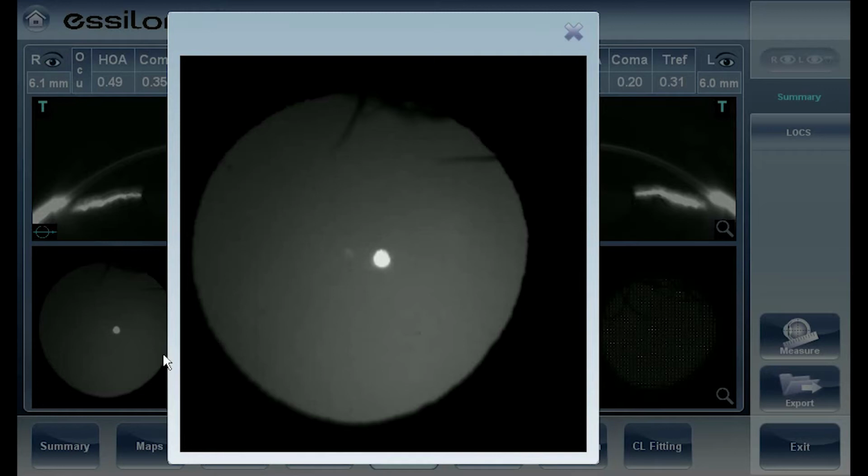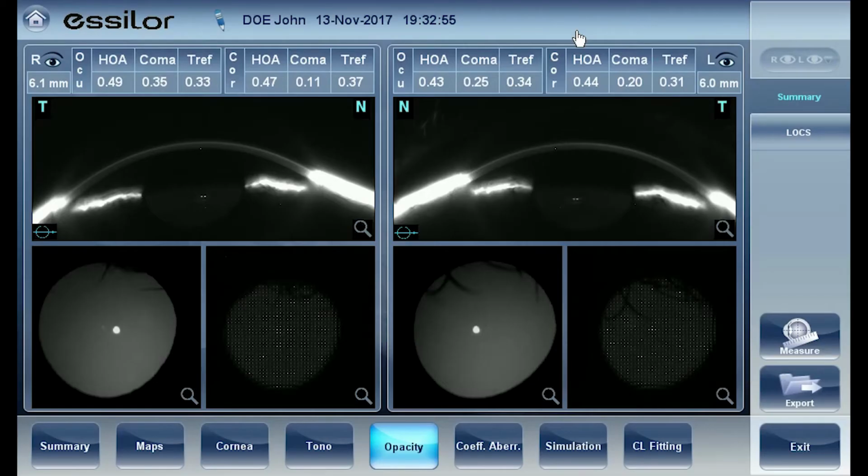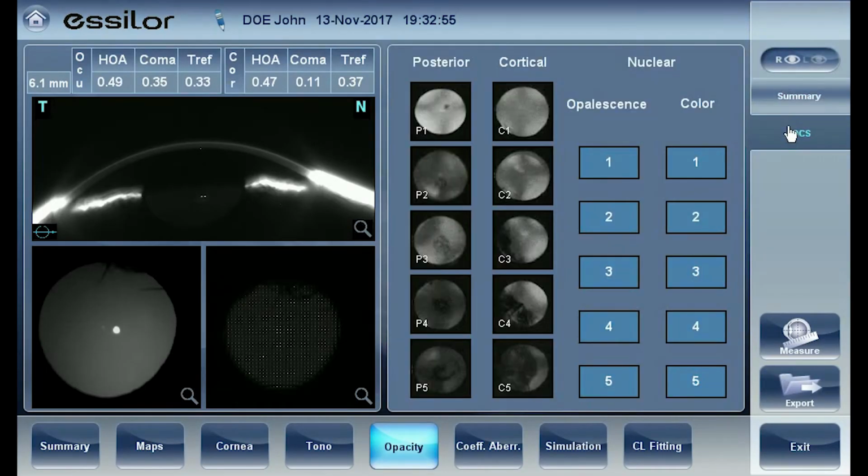In this image, the crystalline lens looks perfectly clear. The image doesn't look like an image that is displayed in the logs tab, thus cataract is not suspected. Indeed, LOCS grades cataracts and means Lens Opacity Classification System.